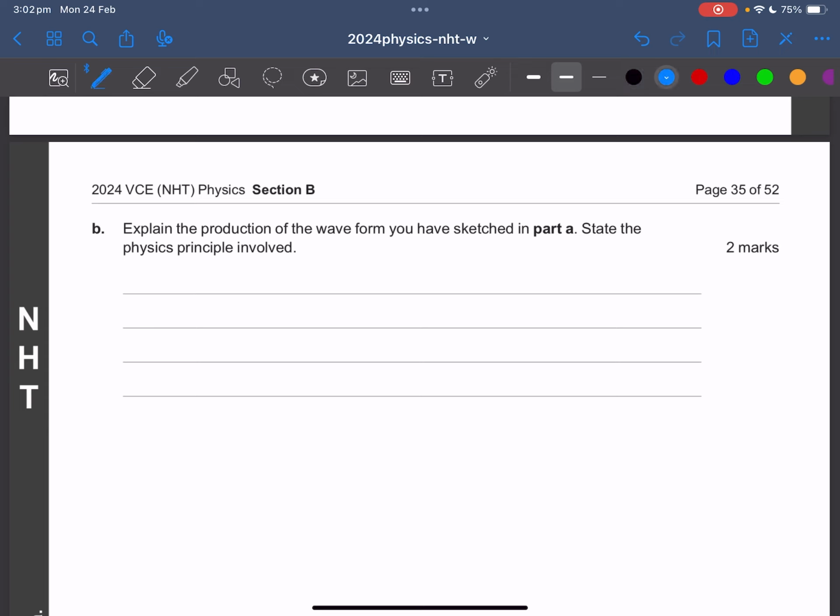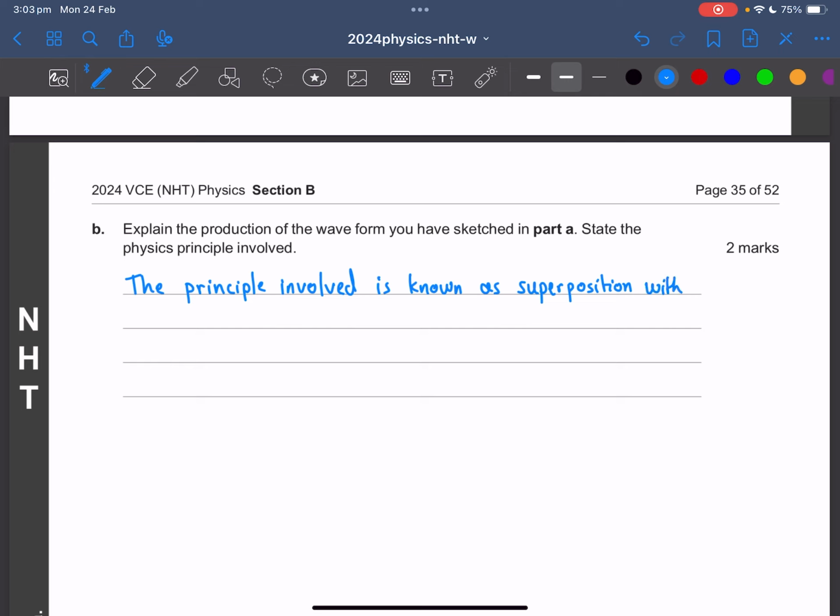Okay, so the principle involved is known as superposition, with the resulting wave being the sum of the amplitudes.